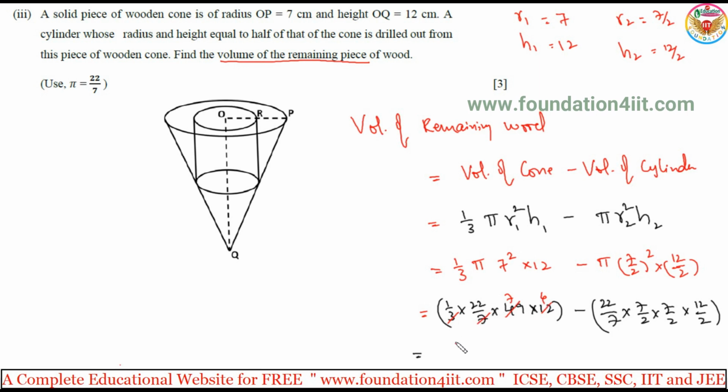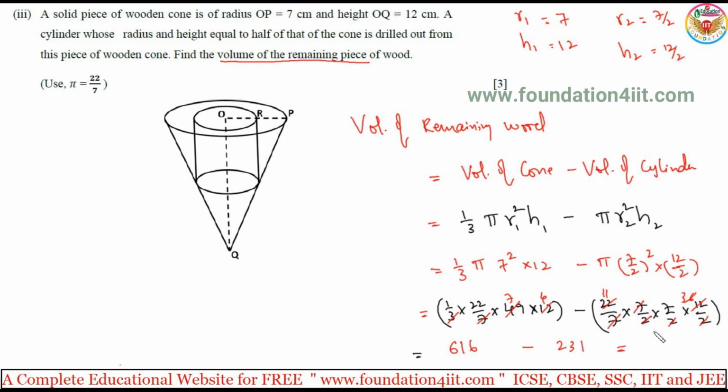So 616. Clear. Cancel this, 7 7s are 2 11. Again 2 times 6 is 2 3 is 7. So 11 into 7 into 3 is 231. 616 minus 231 is 385 cubic centimeters. So this is the volume of the remaining piece of the wood, right?